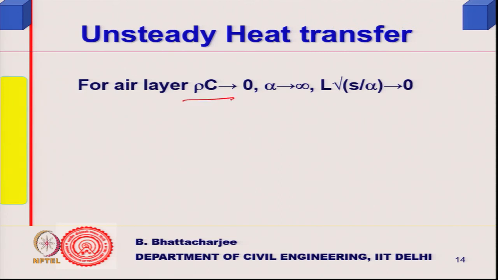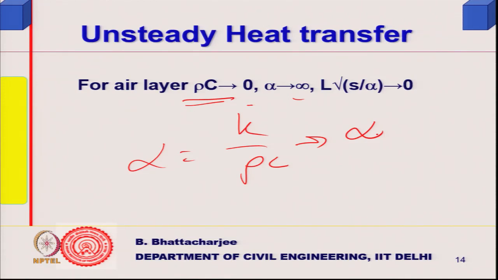Now, for the air layer, the thermal capacity of air is very small compared to the solids. So, I can assume rho c tending to 0. Therefore, k over rho c, that is alpha, would tend to infinity. That is, thermal diffusivity is infinity.